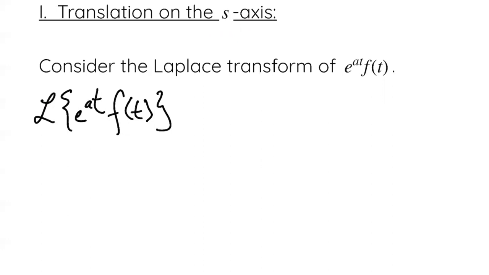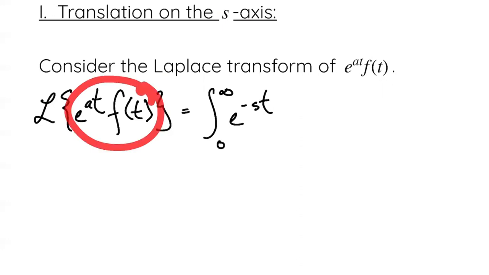We'll recall that it is an improper integral, bottom bound is 0, going all the way to infinity, of e to the negative st times whatever function we have here. And in particular, we're going to use this one right here, e to the at f of t.